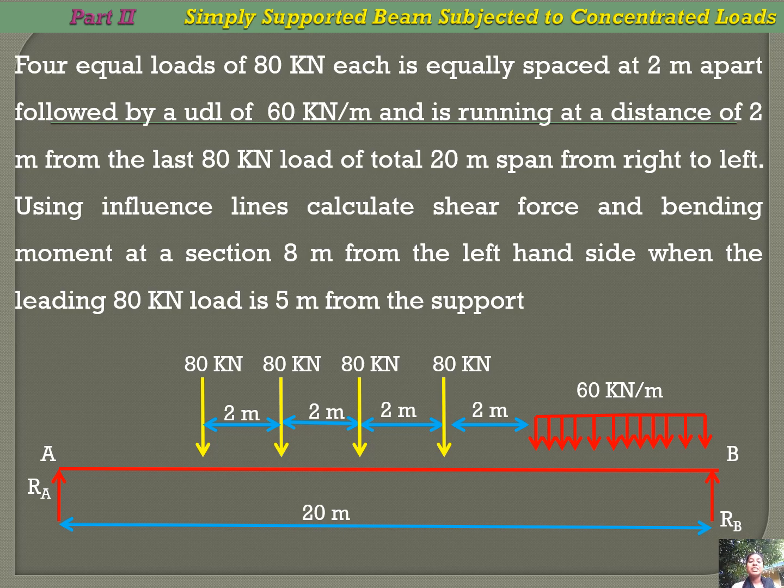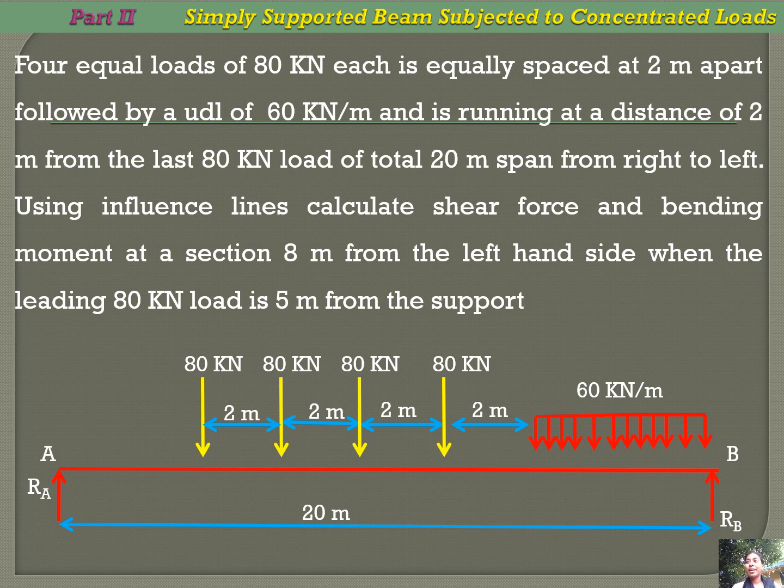The next condition given is: using influence lines, calculate the shear force and bending moment at a section 8 meter from the left hand side when the leading 80 kN is 5 meter from the support. The leading 80 kN load, leading means the first load.